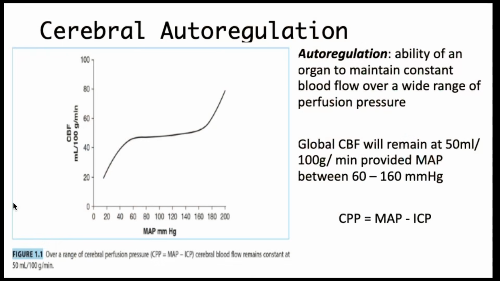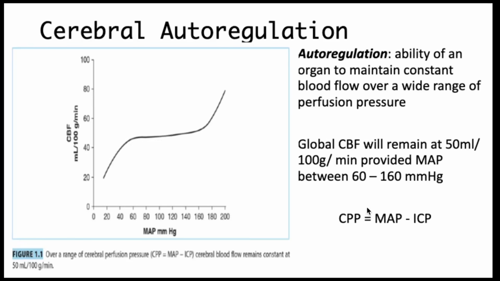So what this means in practice is that in a normal adult, in a normal brain, if the mean arterial pressure is anywhere from 50 to 180, the cerebral blood flow, measured in mL per 100 grams per minute, is constant. It is only at very high pressures that cerebral blood flow increases, or at very, very low pressures that cerebral blood flow decreases.